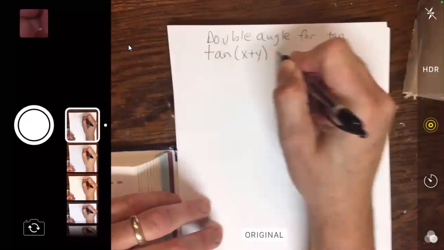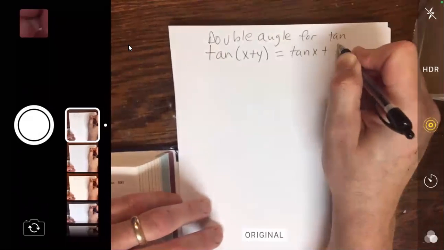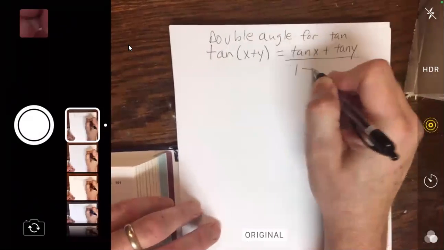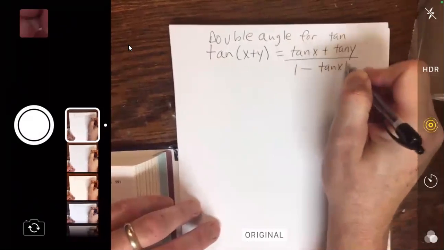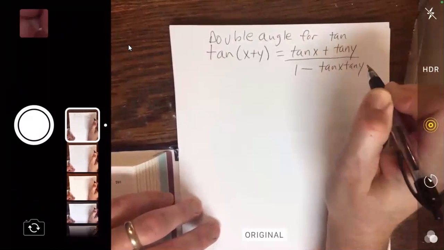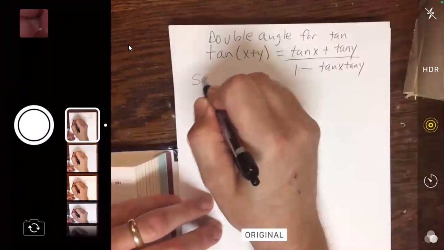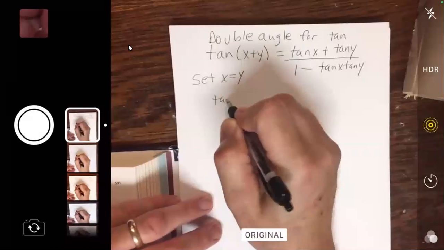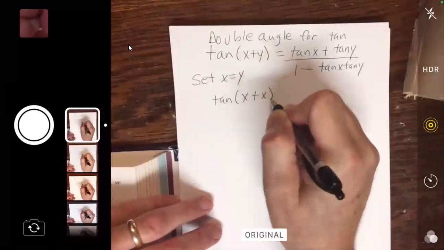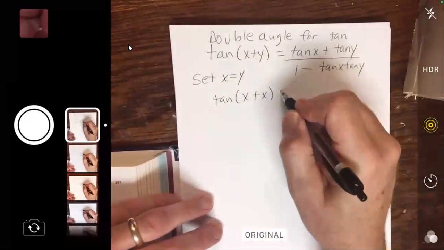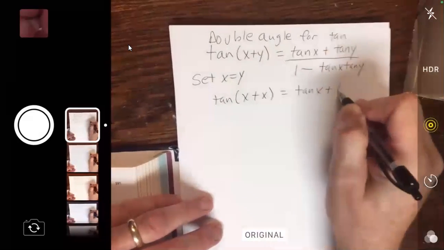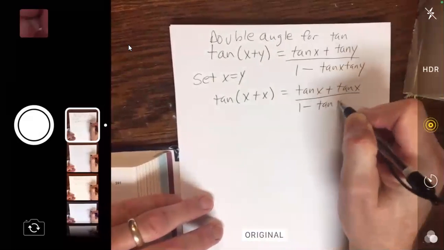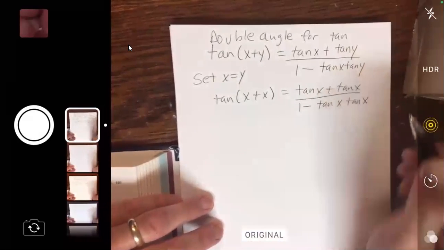Remember, that was almost like it distributes on top: tangent x plus tangent y. But the bottom is 1 minus the product. Same game. X equal y. X plus x. Tan x plus tan x over 1 minus tan x tan x.